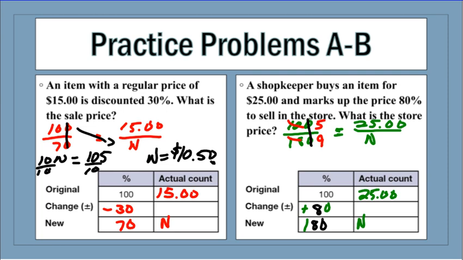So I have 5/9 equal to 25 over N. I know 5 times 5 gives me 25, so 9 times 5 will give me N. N would have to equal $45. So the store price would be $45.